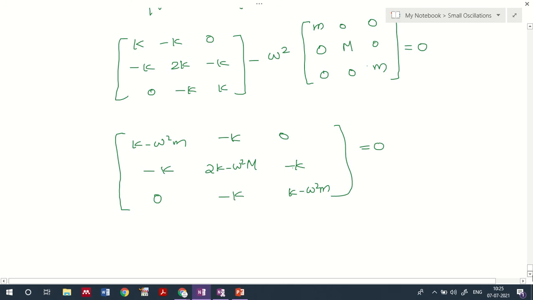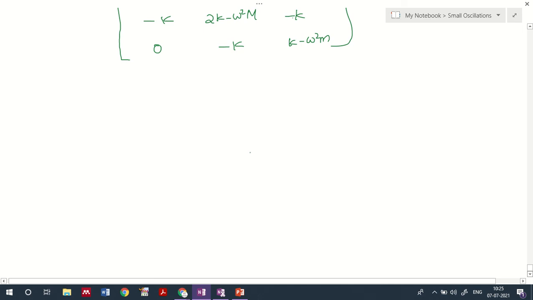Then if you take the determinant of the same matrix, it will be the determinant of k minus omega square m, minus k, 0, minus k, 2k minus omega square M, minus k, 0, minus k, k minus omega square m.